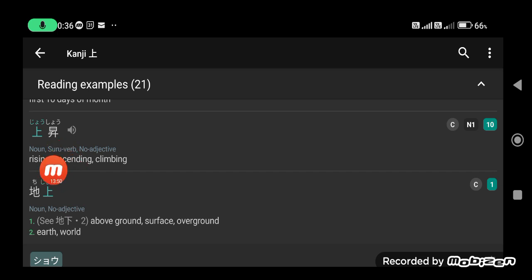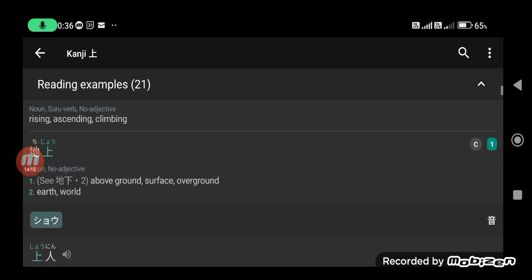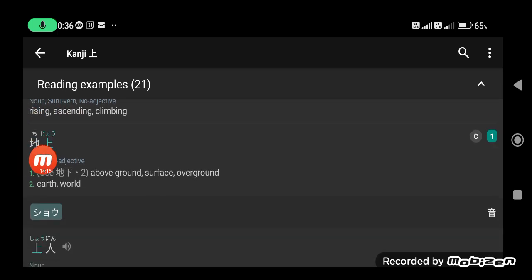But not all nouns can be treated like that. So only those nouns that are capable of being a suru verb, just like this josho. Say josho suru, josho shita, josho shimashita, josho sare, josho saremasu. Okay, so rising, ascending.